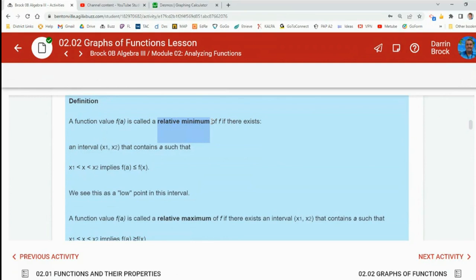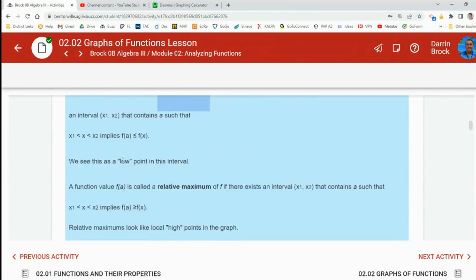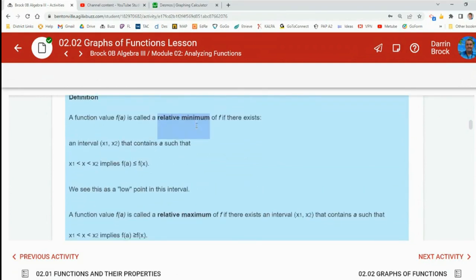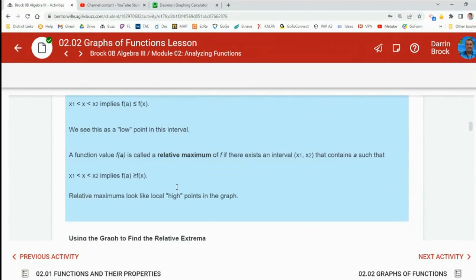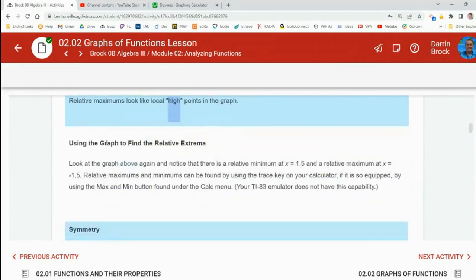That is a low point, and it is a relative minimum. If on both sides of a the values are smaller and the f of a is higher than the points on both sides, that's a relative maximum. That's the high point. So use a graph to find the relative extrema.